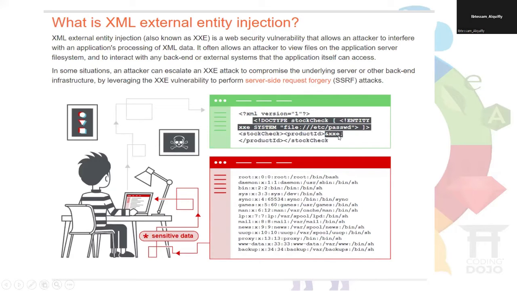This is the entity that you mentioned here. It will be executed, and then it will be returned as a document type called stock check. So when this command is executed in the server, it will show you this as XML in your browser. And what is the content here? The content is basically the password file that exists on your web server. So we understand what this is all about.